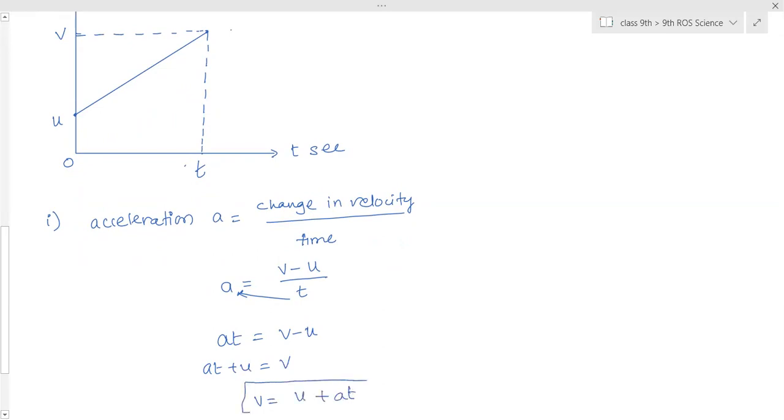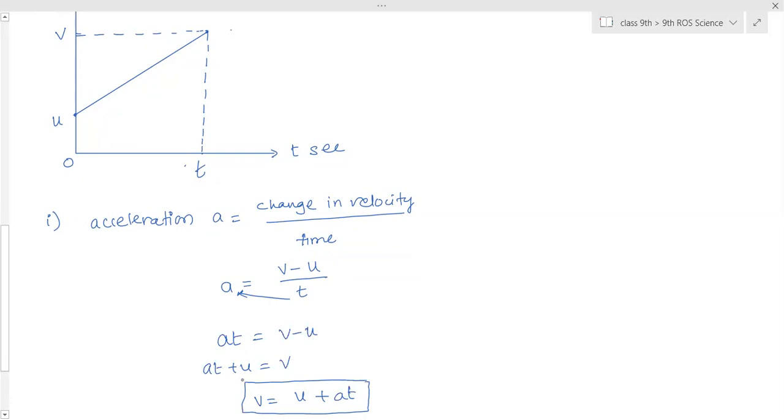This is the first equation of motion. Is it clear? This you have already learned. Only the simplification we have to do so that we can convert that equation in terms of velocity and time. So final velocity is equal to initial velocity plus acceleration into time. This is the first equation of motion.